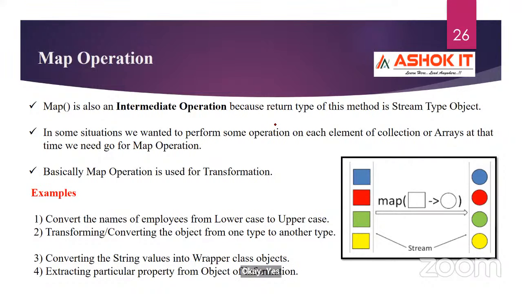That is the importance of map. Here is the best example: you have a list of square boxes, and you want to convert those square boxes into circles. That is called transformation, converting from one type to another type, square boxes to circle type.